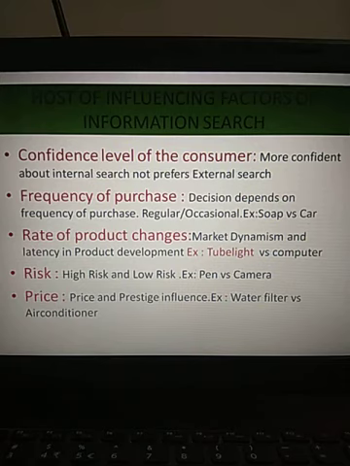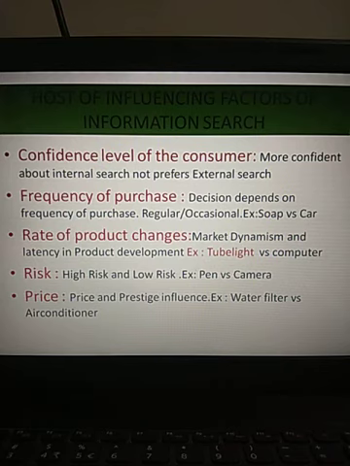That means the rate of product changes also impacts information search. Take the example of a tube light versus a computer. A tube light is a simple product; one cannot guess day-to-day or year-by-year developments. But as far as a computer is concerned, you will observe so many features. Tri-monthly, bi-monthly, you will find so many companies introducing computers with new advanced features.